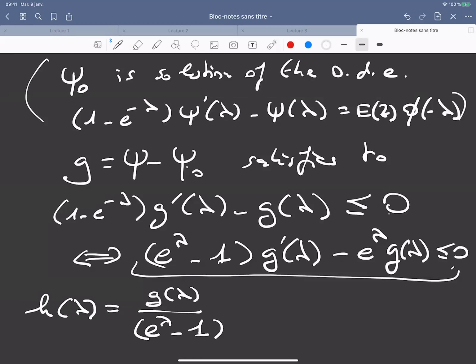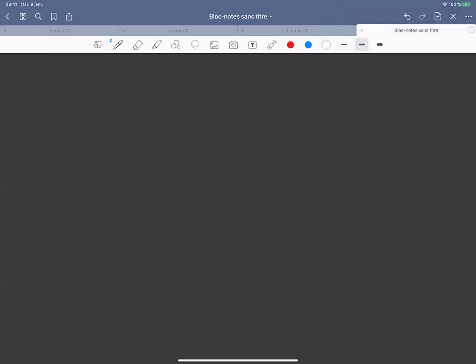Put 0 here instead of j. And you divide by this solution. And so what you get now is that j of lambda is just equal to exponential of lambda minus 1 times h.